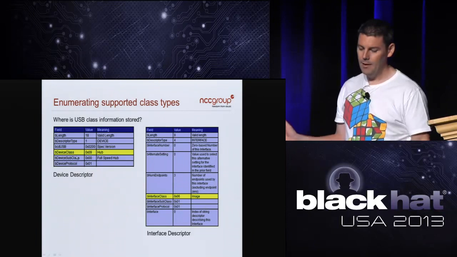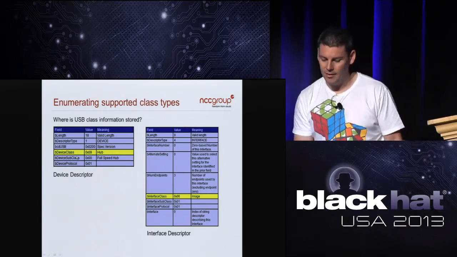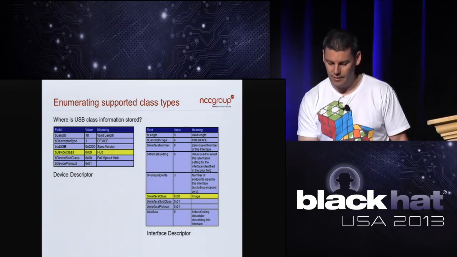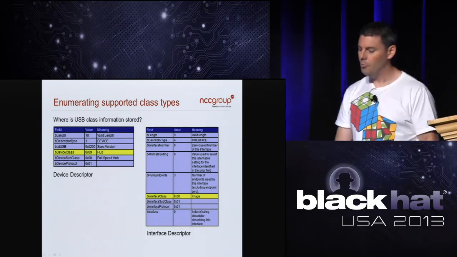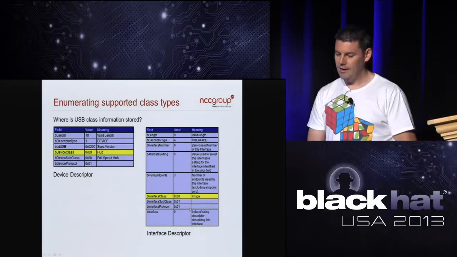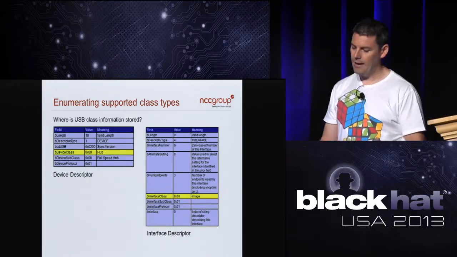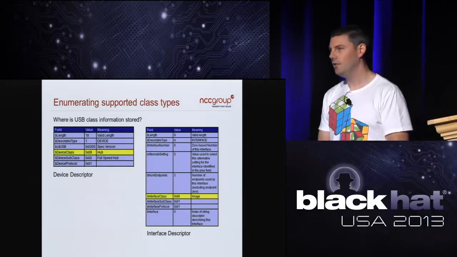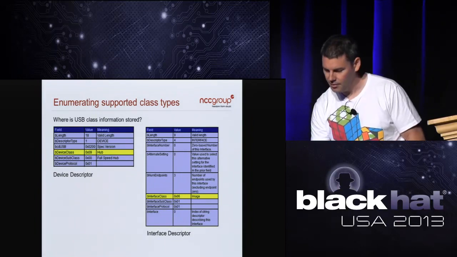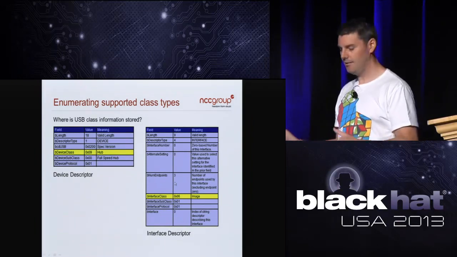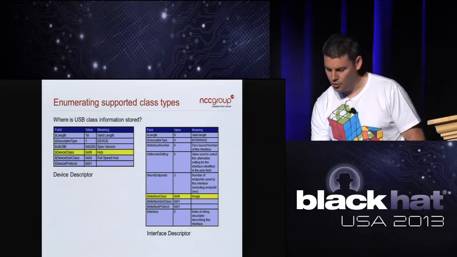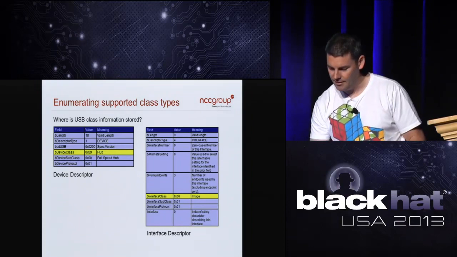With some classes of device, they specify the device class within that device descriptor. The more common approach, because you may have multiple interfaces on a USB device that support different classes, is to have the class-specific data in the actual interface descriptor, as you can see there.